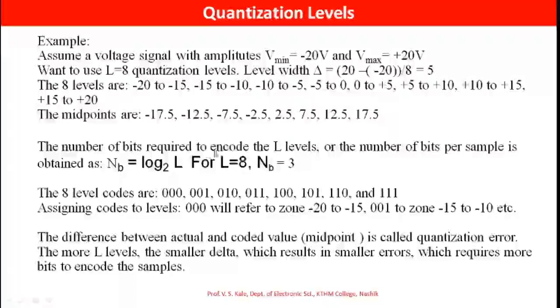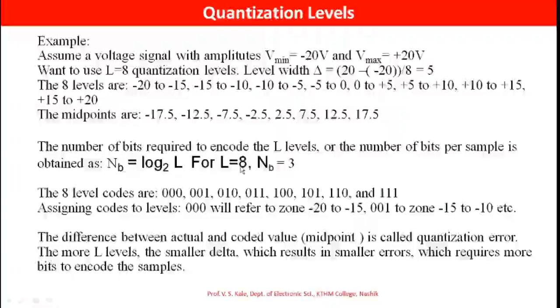The number of bits required to encode the L levels, or the number of bits per sample, is obtained as NB is equal to log of L to the base 2. For L equal to 8, log of 8 to the base 2 gives NB equal to 3.